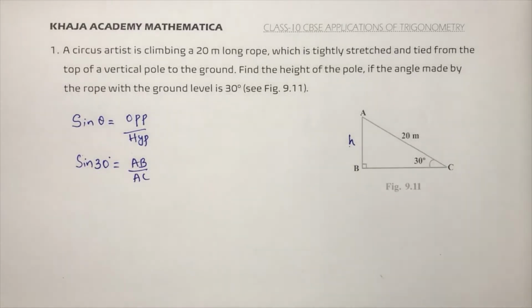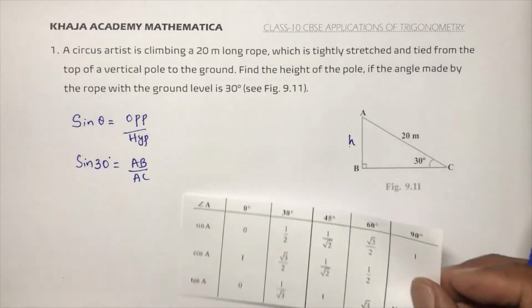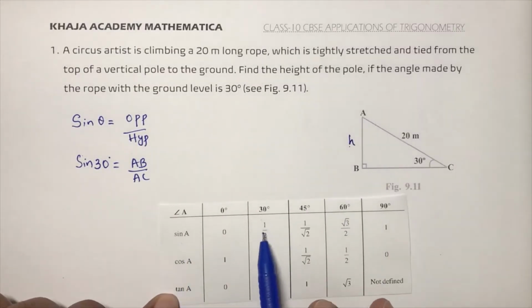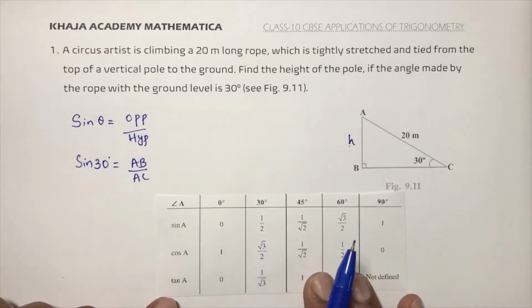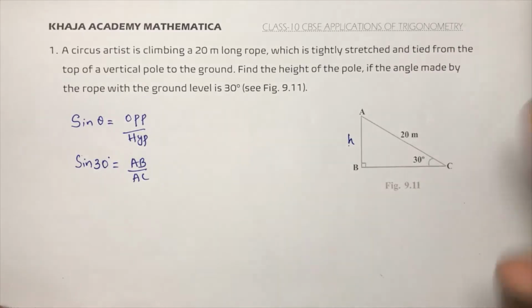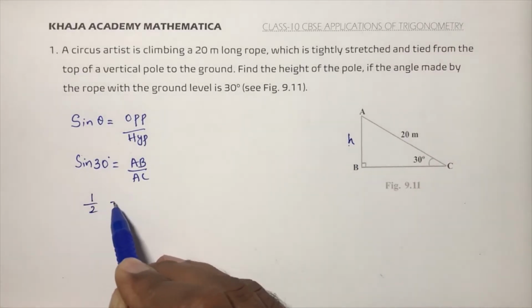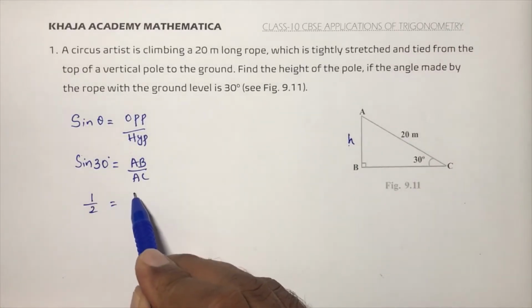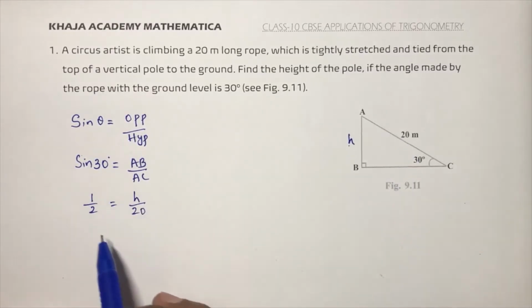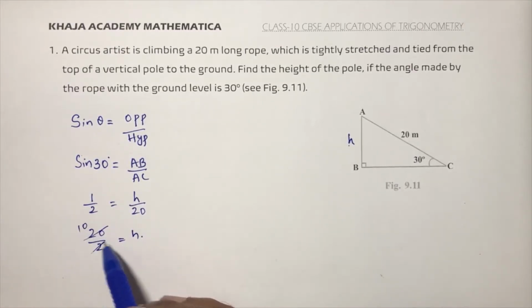Sine 30 value with the help of trigonometric ratios table. So sine 30 is 1 by 2. So if you use this value, sine 30, 1 by 2 equals AB is H and AC is 20. If you cross multiply, 20 by 2 equals H. 2 times 1, 2 times 10.